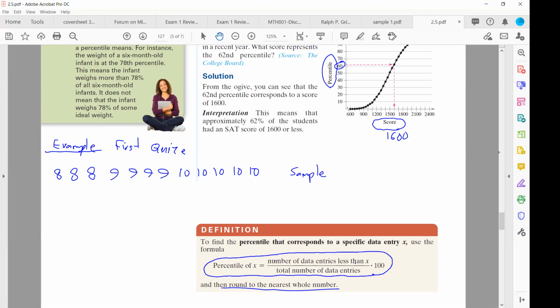I want to know how many percent of students got lower than 10. So I want to know what's the percentile of 10. This is a random sample.